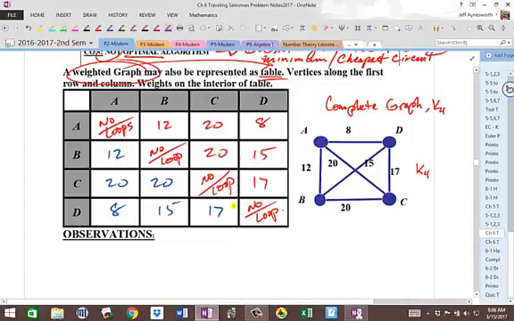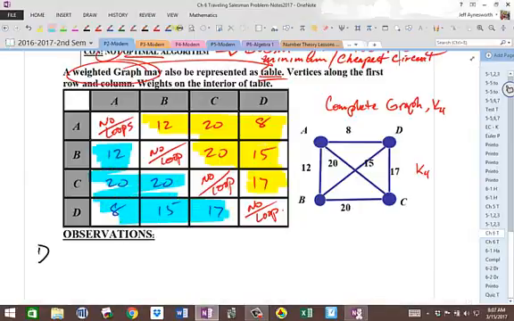There are a couple of observations about a table representing a complete graph. Number one, the upper half of the table is symmetrical with respect to the lower half of the table, and the diagonal is blank because there are no loops.